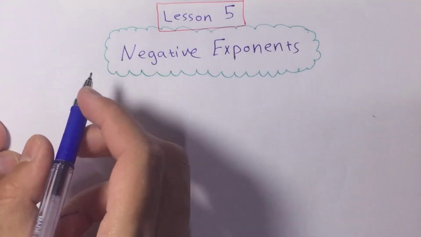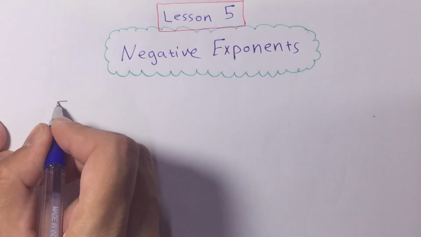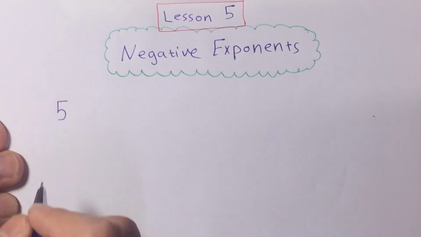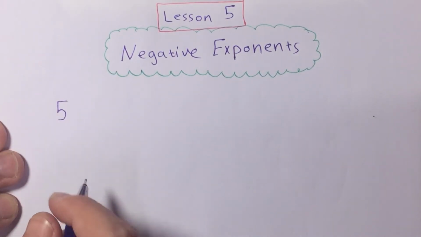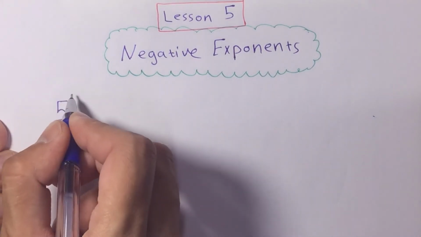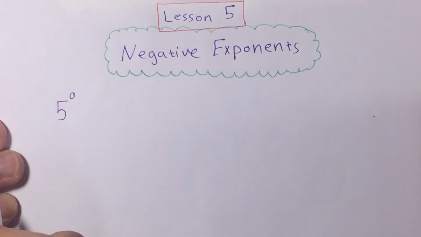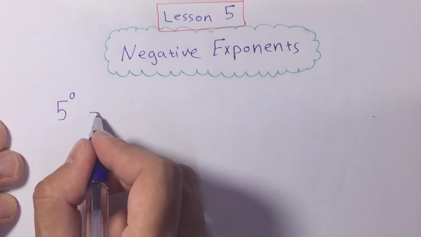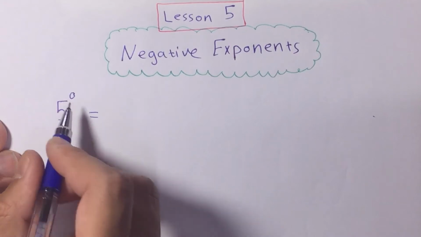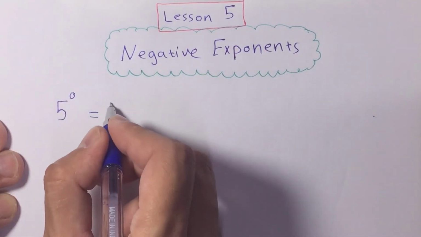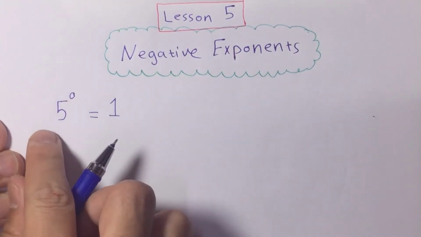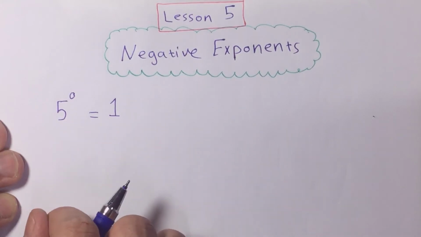If we have any number, let's say 5, and this number is to the power of 0, how much is this? Any number to the power of 0 will give us 1. The answer will always be 1.